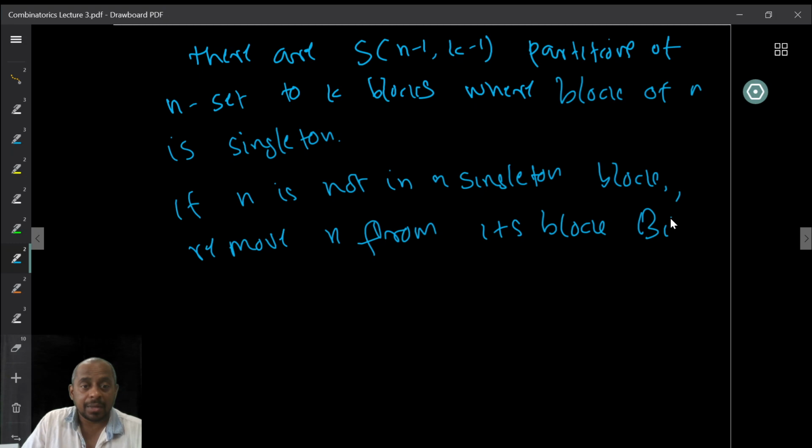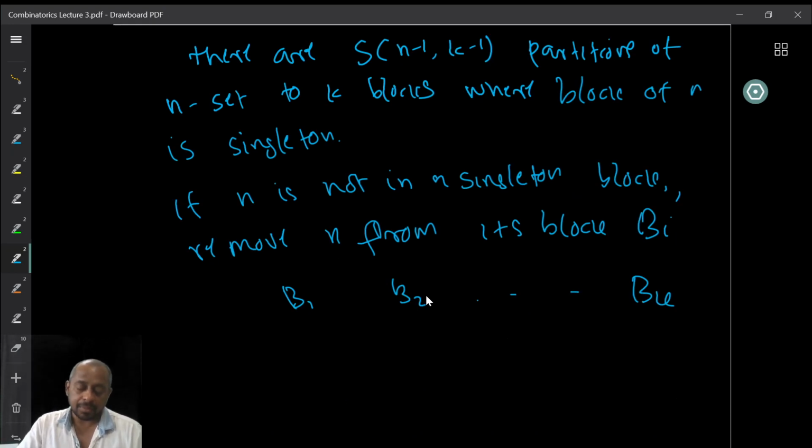Now this block is non-empty and it contains at least one element, and therefore we get a partition of the n minus 1 element set into exactly k blocks.